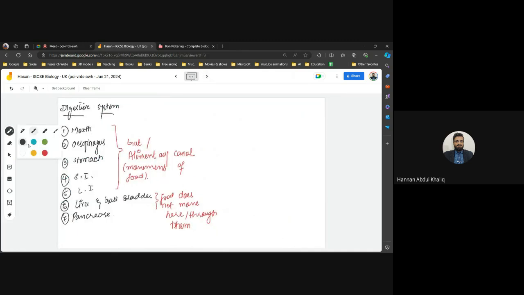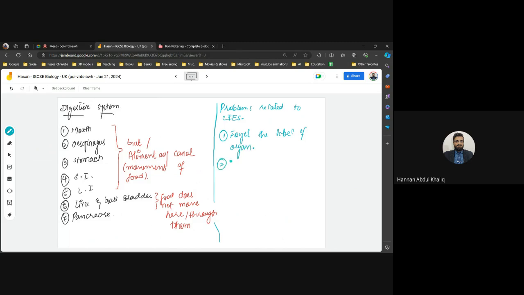Okay, what are the problems in this chapter? The biggest problems that the students face, the problems related to CIEs. See, the problem in this chapter related to CIEs is, number one, you mostly forget the label of the organ. What is the name of the organ?